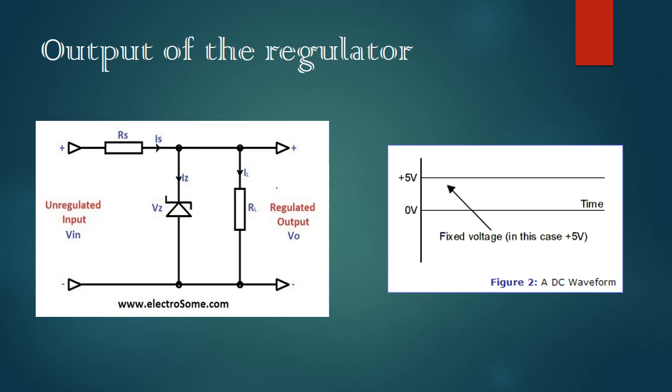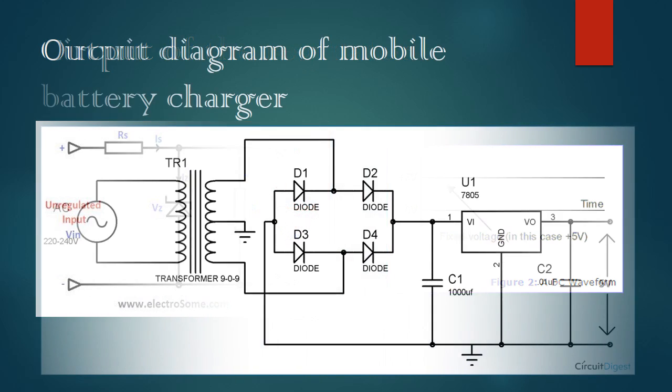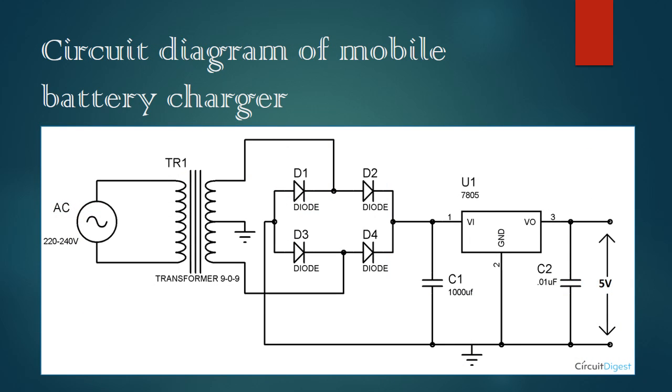In this slide, on the left side you can see the circuit of the Zener diode, whereas on the right side you can see the regulated output which is obtained across the load. And this is the final circuit diagram of a typical mobile charger which we all use.